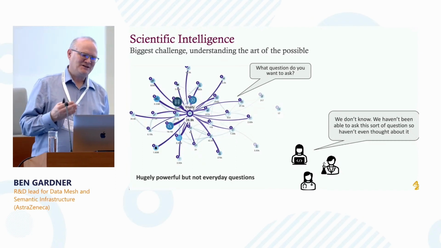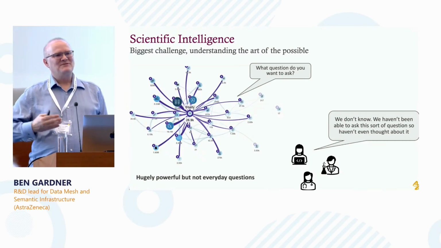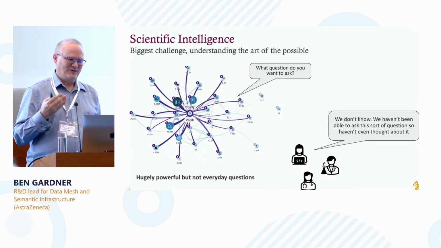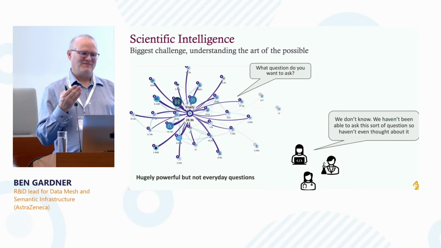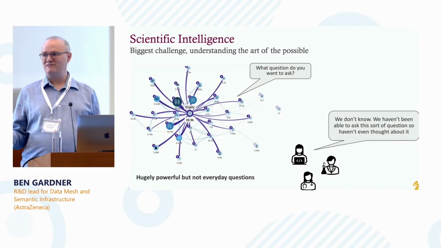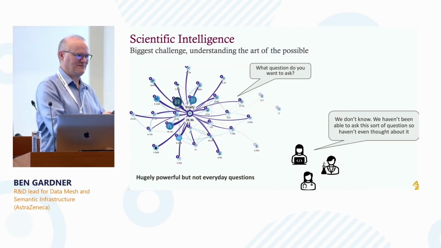Now, the really big challenge with those questions is getting people to understand what is now possible. And the other issue is that scientists only ask these big, complex questions maybe once every 6 months. Because once they've got their data set, they go off and do their work for the next 6 months, and then they come back.